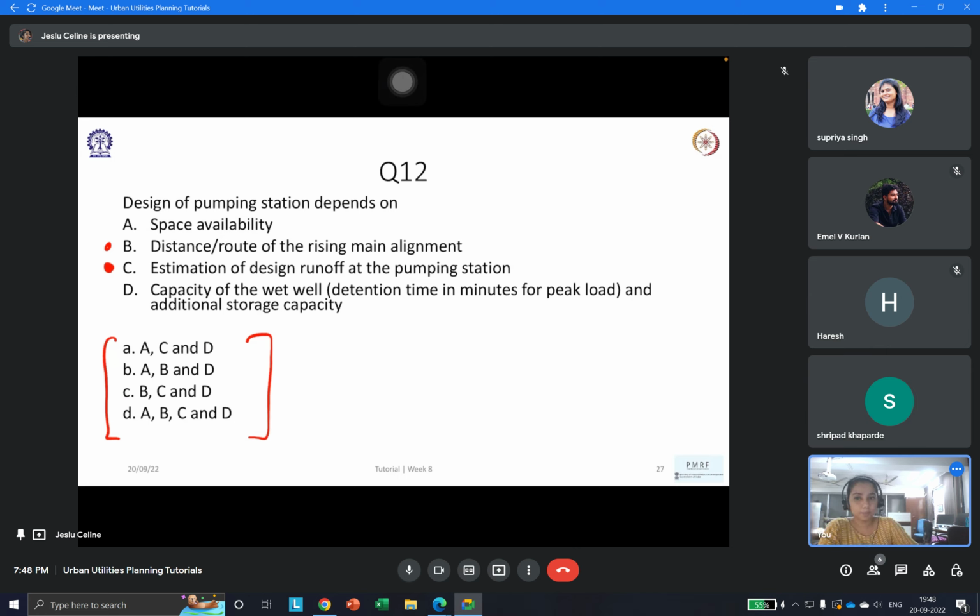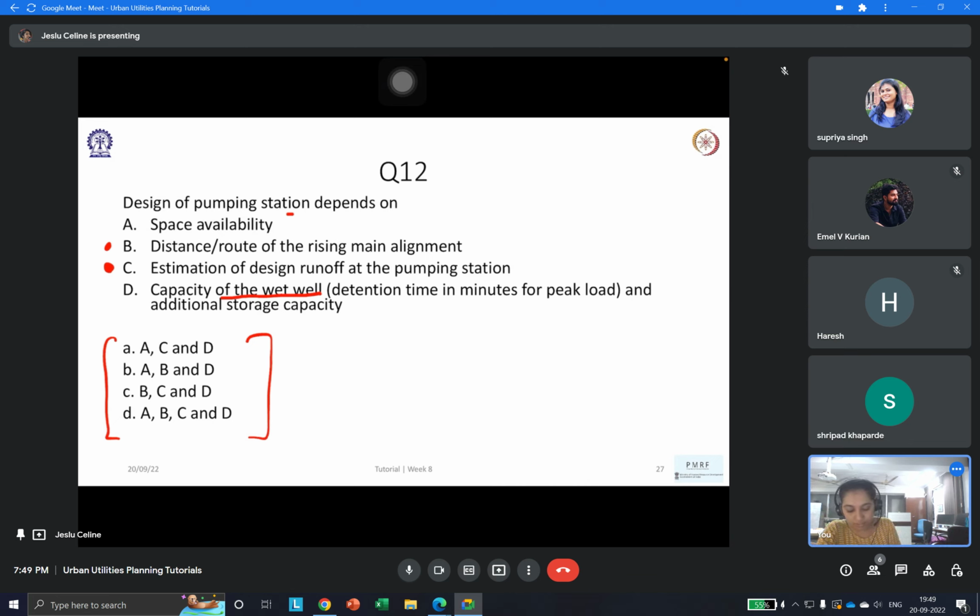Wet well is basically where we store it for a certain duration of time before it is pumped or treated. So the capacity of wet well will also influence the pumping station, because that will depend on how much pumping is required, or the quantity which is there.